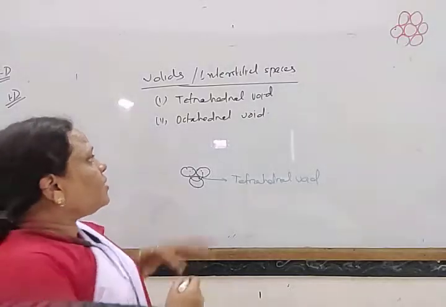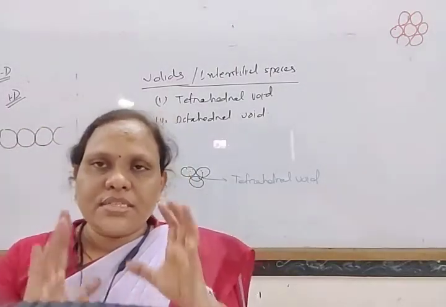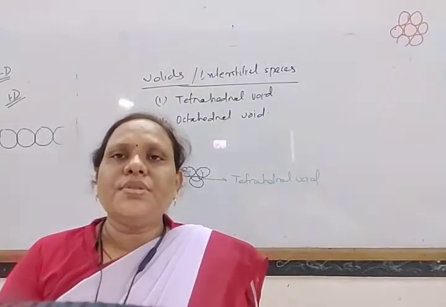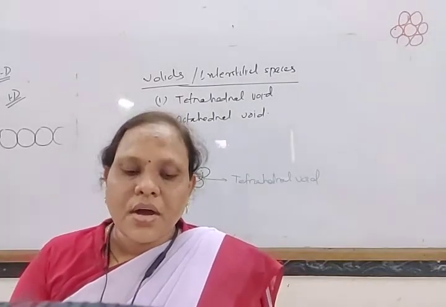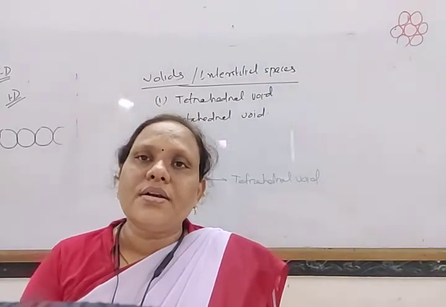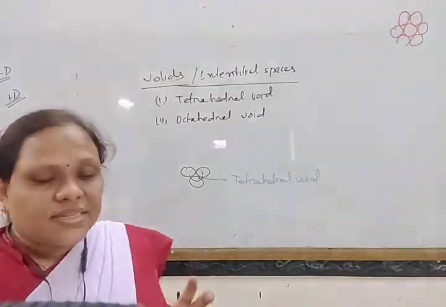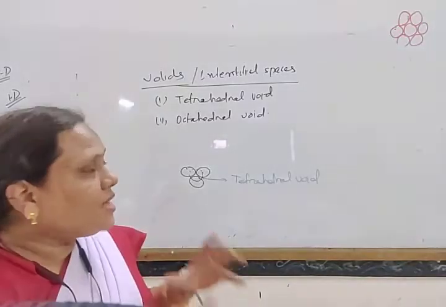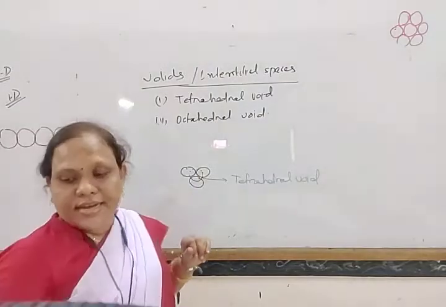Next, another is the octahedral void. The octahedral void is the space which arises due to the contact of six spheres. The space which arises due to direct contact with six spheres is called an octahedral void.